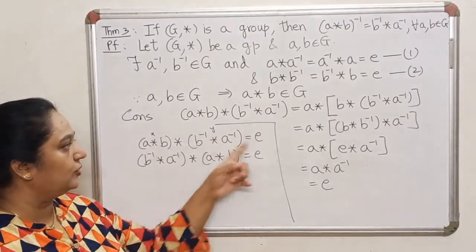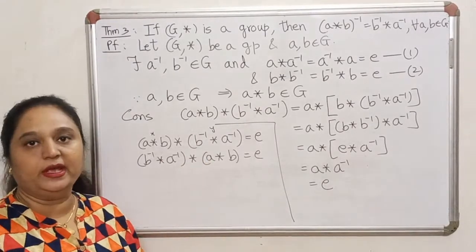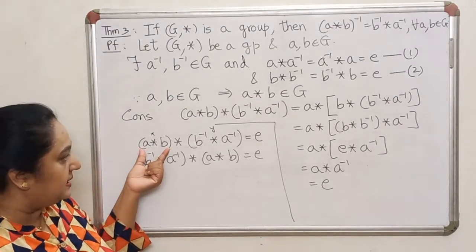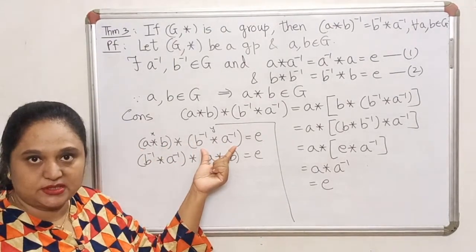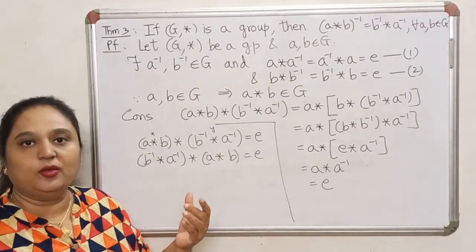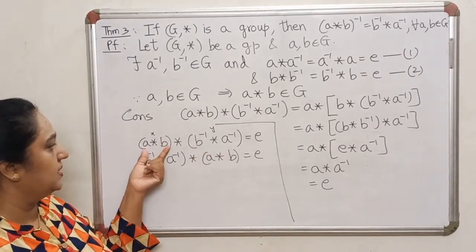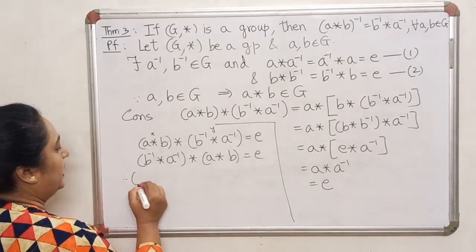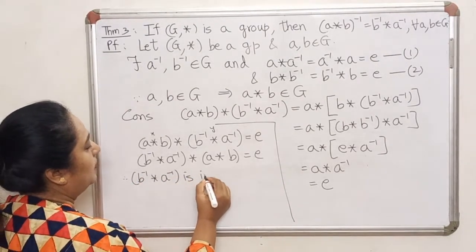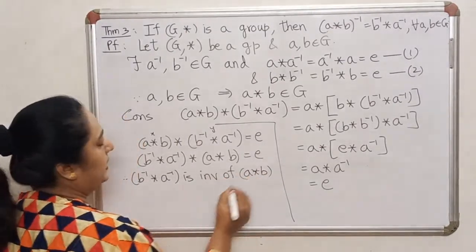And remember, if product of two elements is identity in both directions, it means one of them is inverse of the other. So either I can say that this element is inverse of this, or I can say that this is inverse of this, depending on what exactly I am trying to prove. So here I will say that my second element is inverse of the first element A star B.